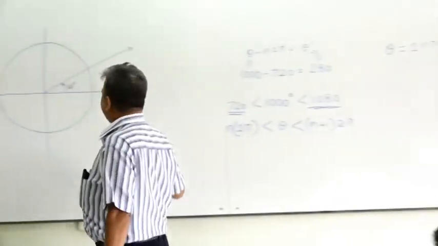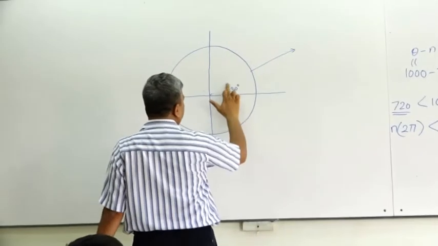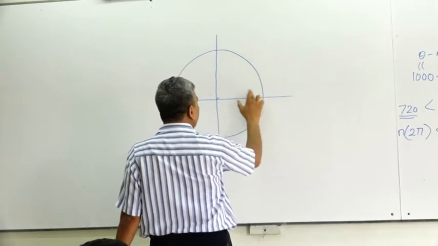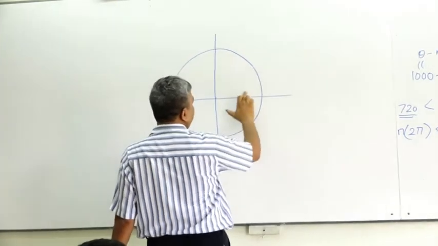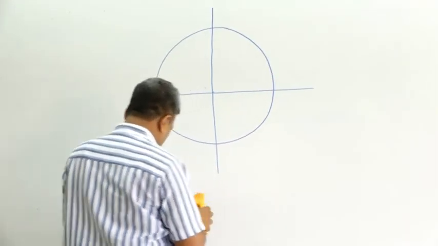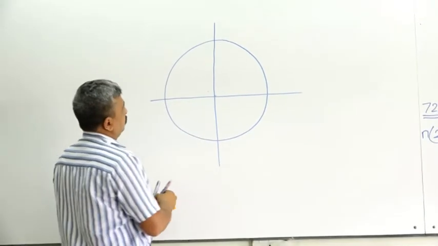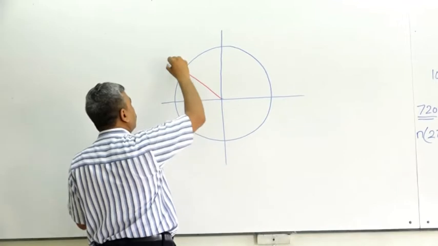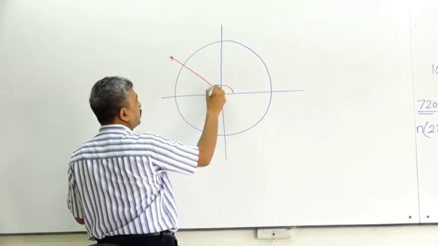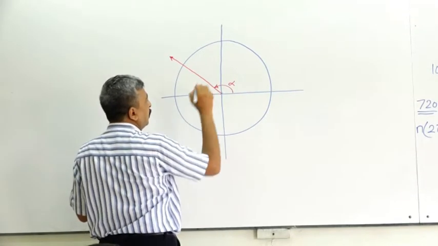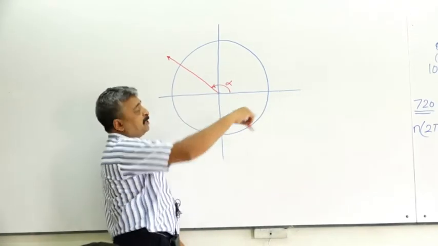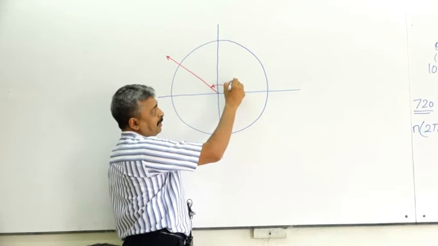Okay. So now let us take two terminal rays and try to build a formula for the difference of two angles. Just look at what we are trying to do now. This is terminal ray number 1, whose actual measure is alpha, but after doing that business I can say that this is alpha dash.